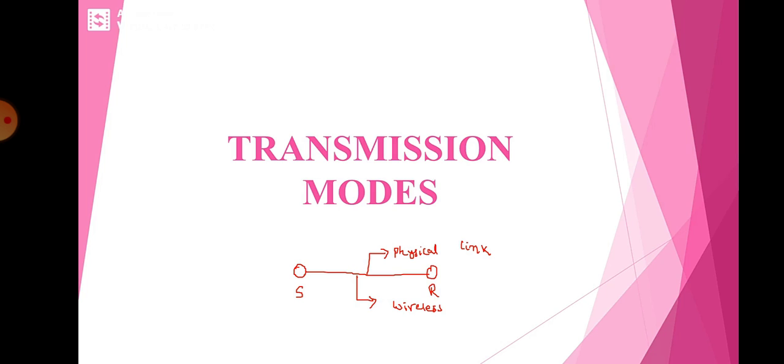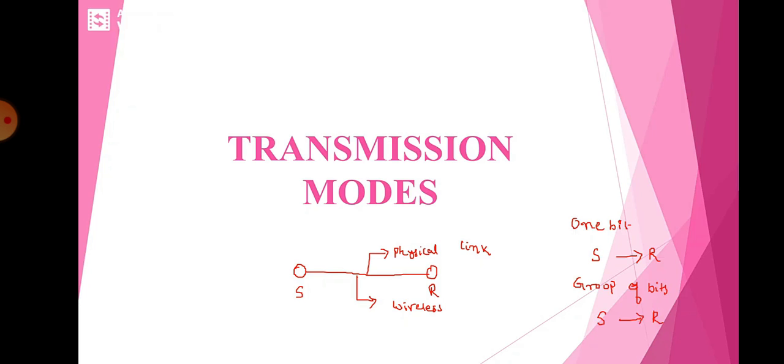One more concept we have to concentrate on is whether we are sending a single bit of information from the sender to the receiver node, or if we are sending a group of bits, that means more than one bit, from the sending node to the receiving node.